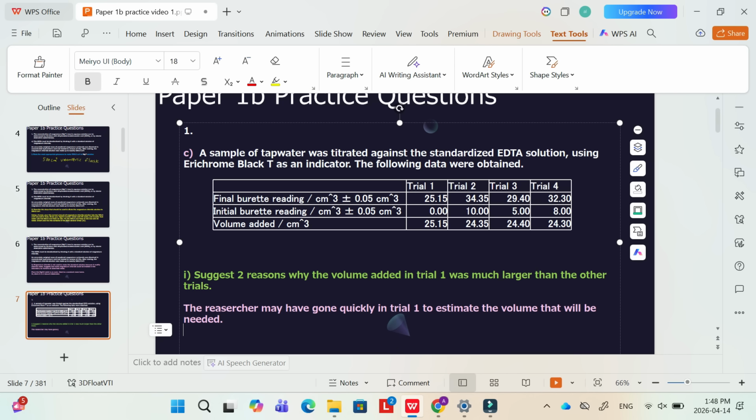Another reason: there's a lot of things you have to do to set up a titration properly, and one of them is to rinse and then completely fill the burette, including its tip.